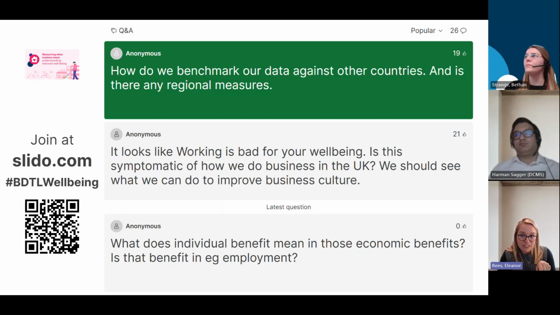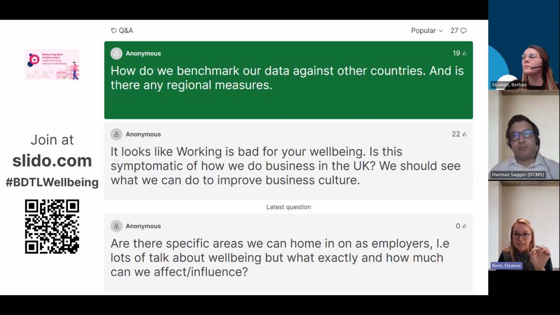Then on regional data, that is really important to us. So yes, as many of the measures as possible are able to be disaggregated on a regional level. Now, our dashboard at the moment only has the capability of presenting our data at a national level, but you will see right at the bottom of our dashboard, there's a nice green box that says see data available with the dashboard.